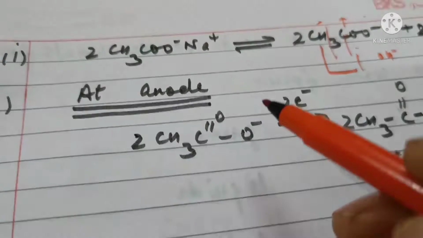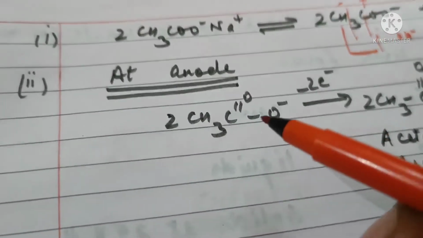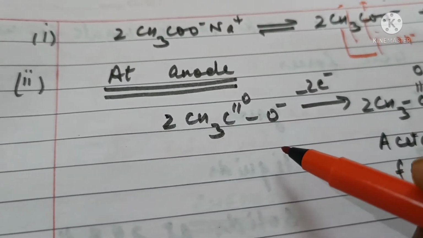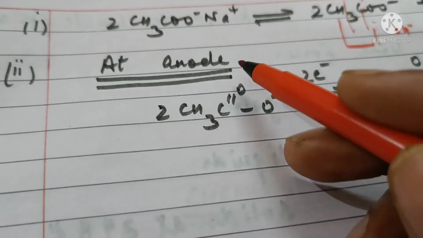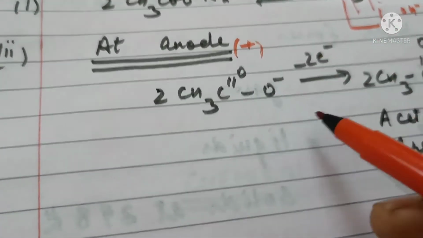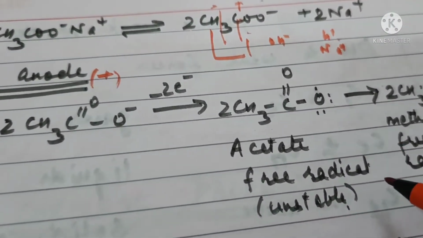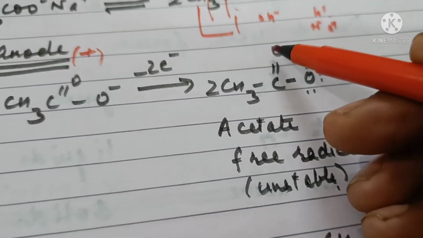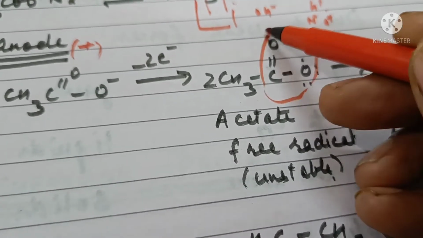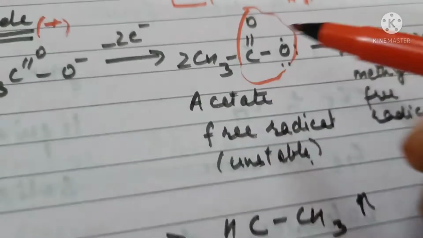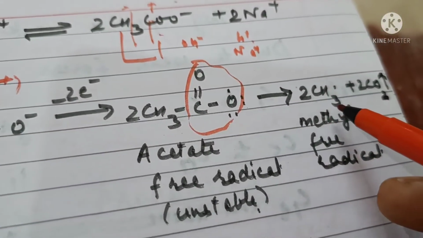So at the anode, there will be oxidation. Acetate ions will migrate to the anode and lose their electrons to form acetate free radical. Now this is unstable, so it will decompose to give off carbon dioxide gas, and methyl free radical is formed.